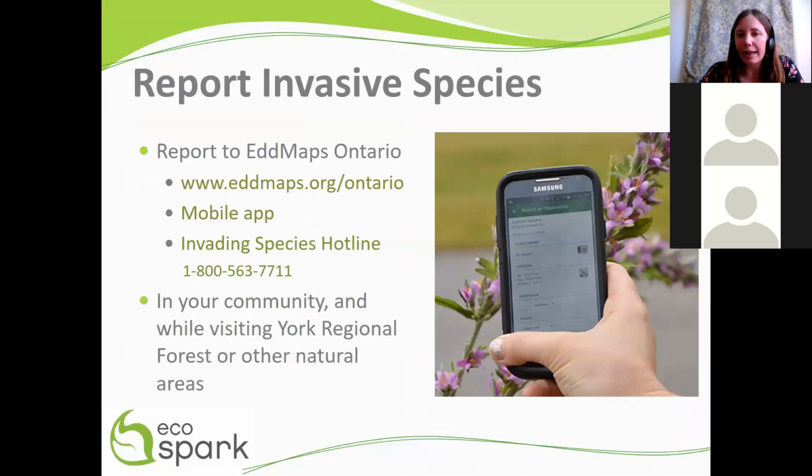And this is what it looks like. You can see a photo from the EDDMapS Ontario website there of their app. You can submit information online or download the app, and then you just have it handy with you. As you're in the field, you can quickly pull it up and say, here's what I'm seeing, and describe it a little bit to provide those details.